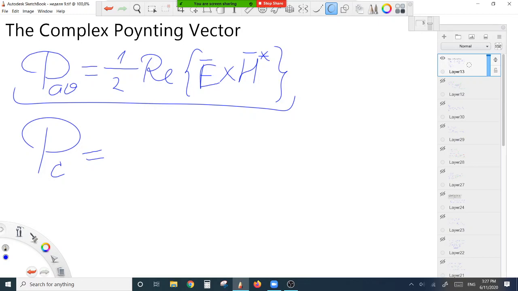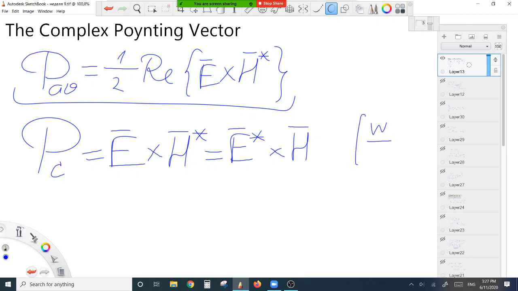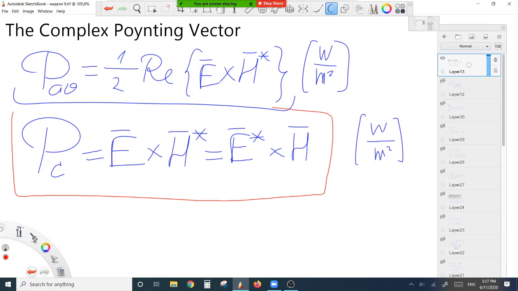A complex Poynting vector can be defined as E cross H complex conjugate, or vice versa, E complex conjugate cross H. The unit of measurement is always watt per meter squared. Here E and H are phasors.